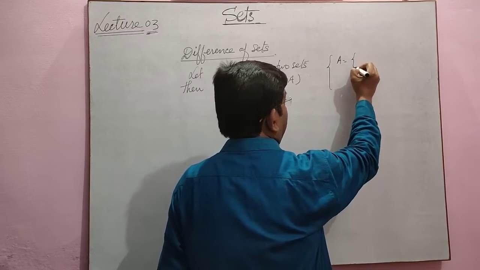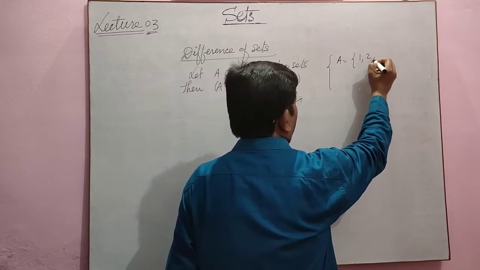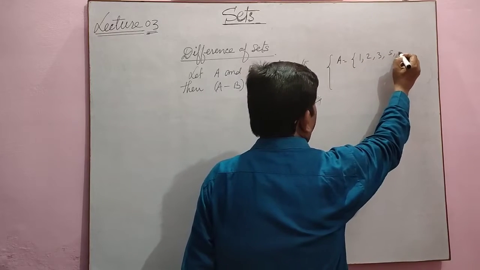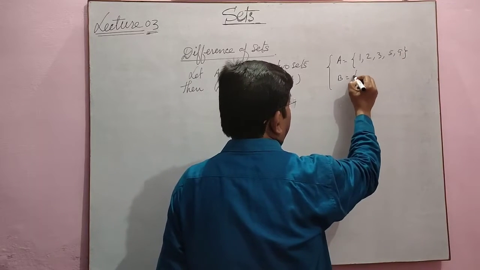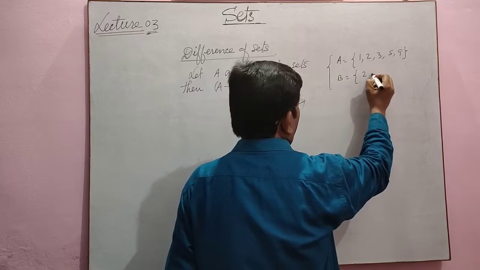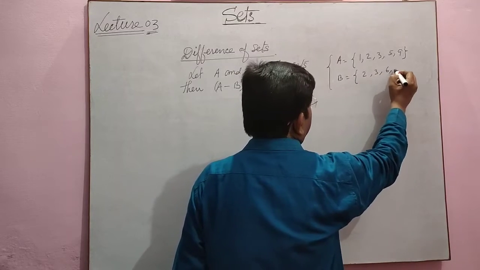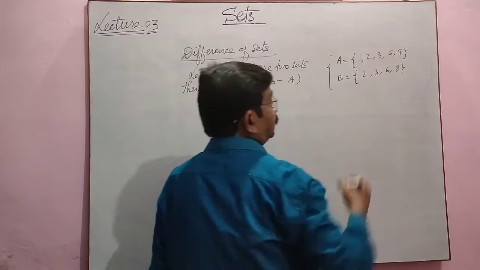A is the set {1, 2, 3, 5, 9}. Here we have set B, {2, 3, 6, 8}.